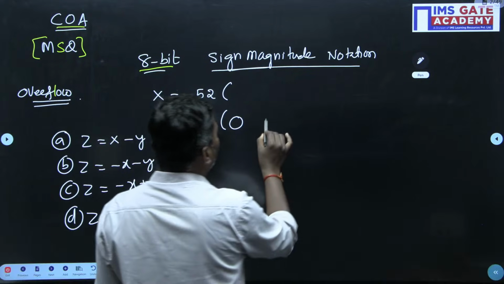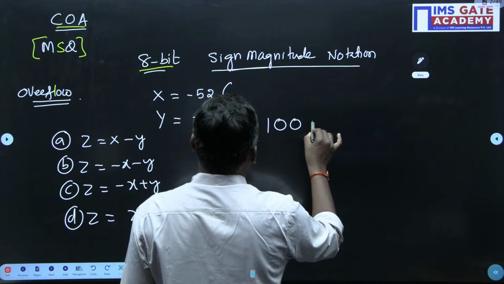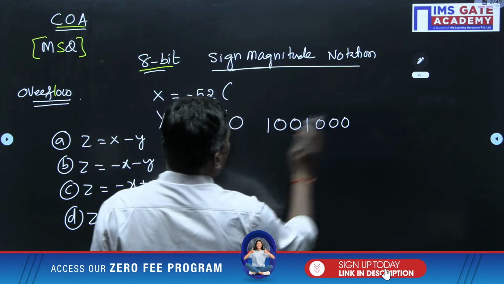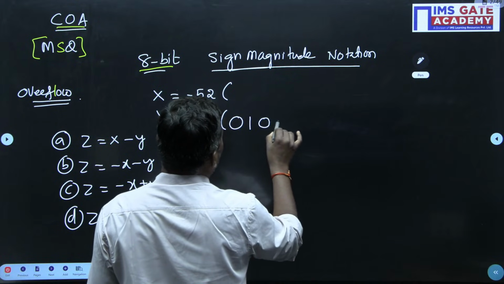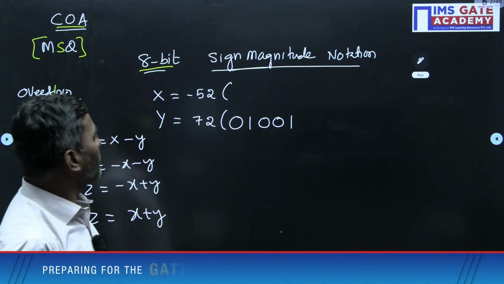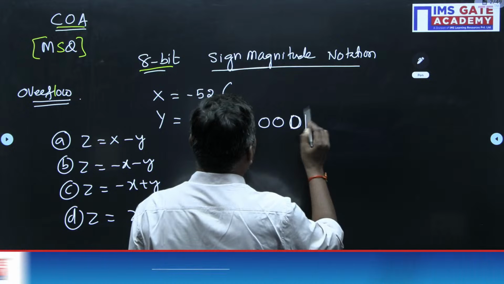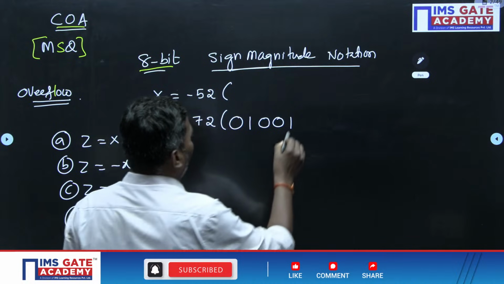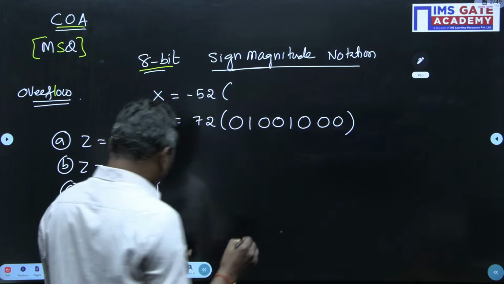So 72 means 64 plus 8, which gives 1 at the 64 position, 0 at 32, 0 at 16, 1 at 8, and 0 at 4, 2, 1.